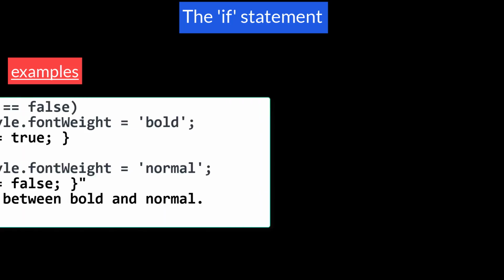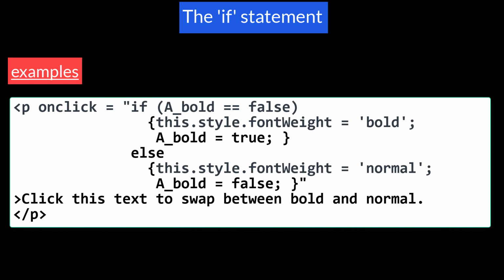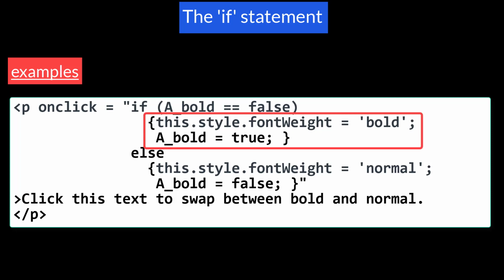Here we put an if statement in the context of a p element start tag. So p onclick equals double quote, and look all the way down to where the end of the double quote is. If a_bold equals equals false, then brace, this.style.fontWeight equals bold. That's one statement, and then a_bold equals true. That's a second statement, so the two of them are in the first set of braces.